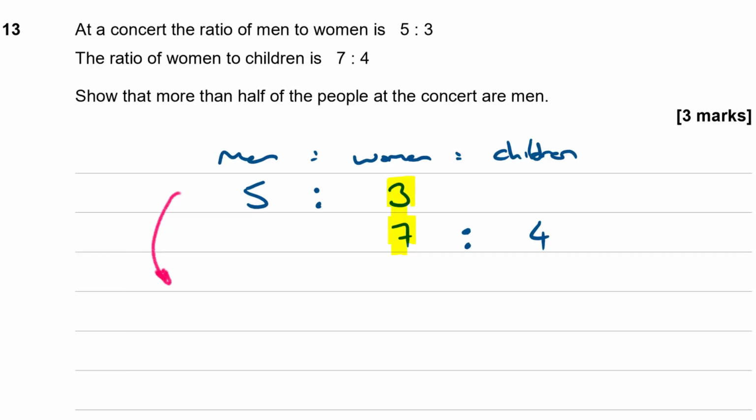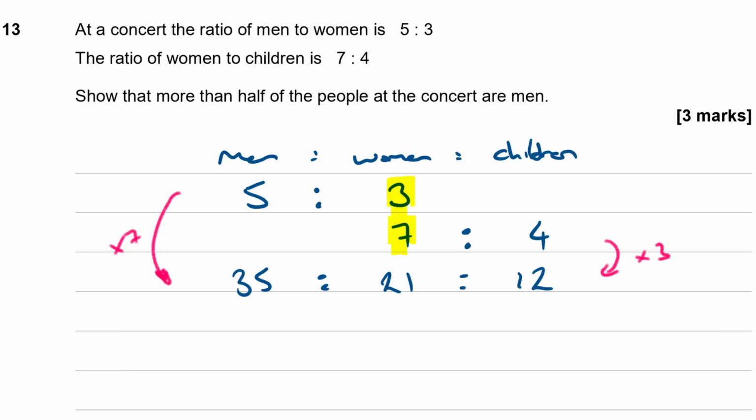So multiplying through by 7, that would give me 35 men to 21 women. And if I do the same with the other half, so 7 goes into 21 3 times, so if I scale that one up as well, then I'm going to get 21 women go with 12 children.